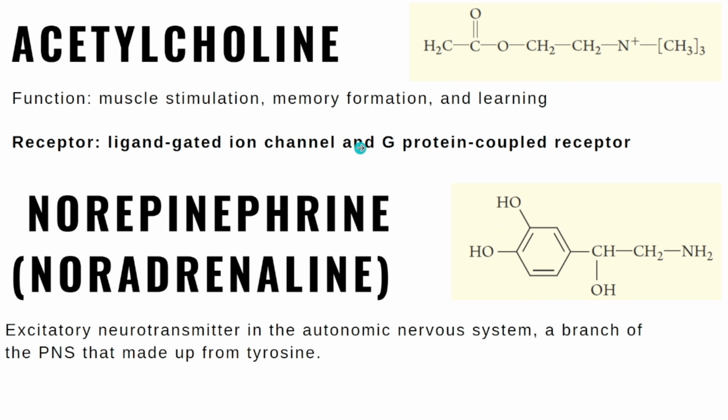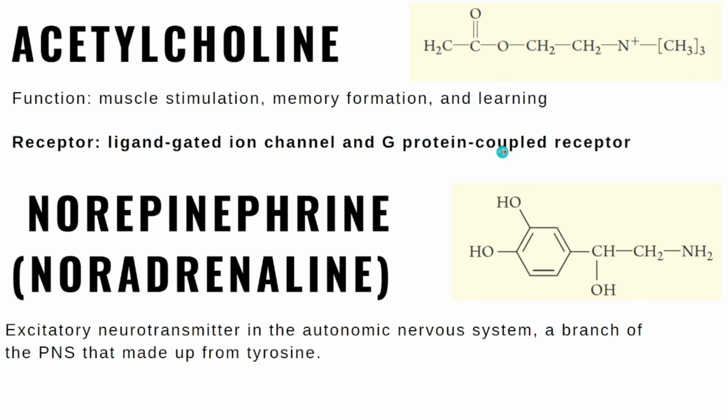These are the two major types of receptor for acetylcholine, and acetylcholine is for muscle stimulation, memory formation, and the learning process. Normally acetylcholine is found at the neuromuscular junction for the ligand-gated ion channel.